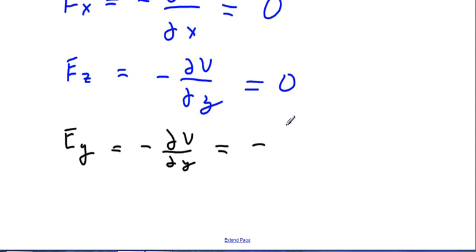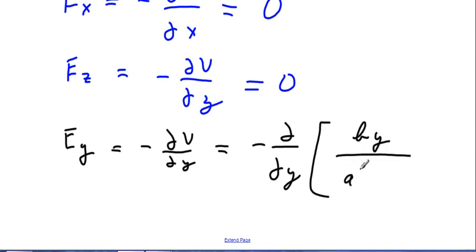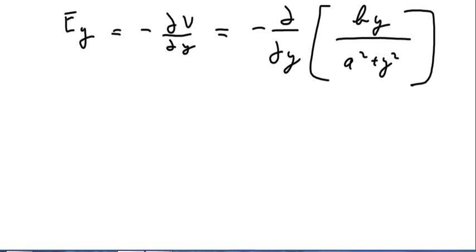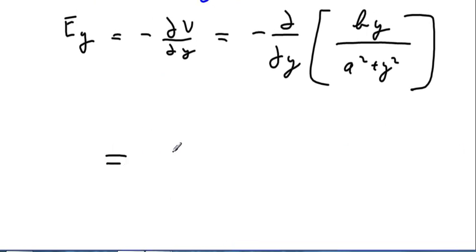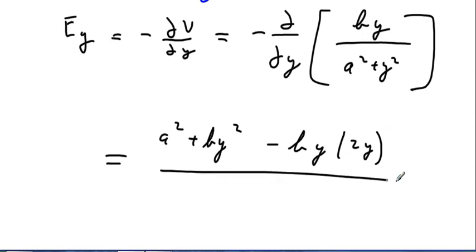So minus the derivative with respect to Y of B Y divided by A squared plus Y squared. Well, that's just the derivative of a quotient, so we can handle that. It's equal to A squared plus Y squared times B minus B Y times 2Y, divided by A squared plus Y squared, squared.